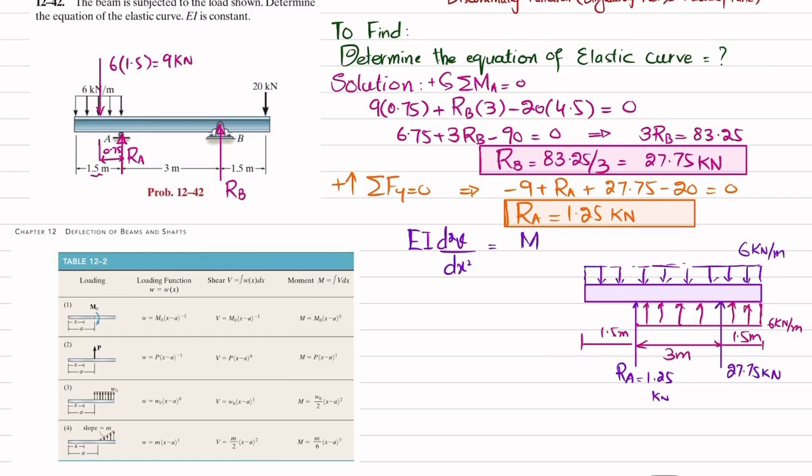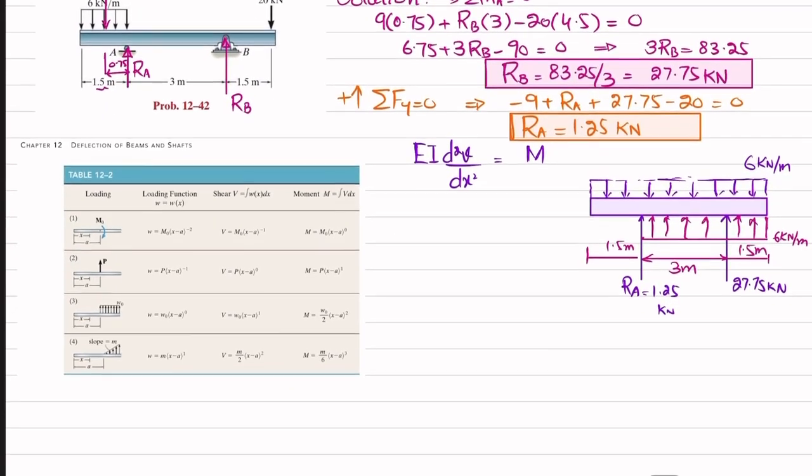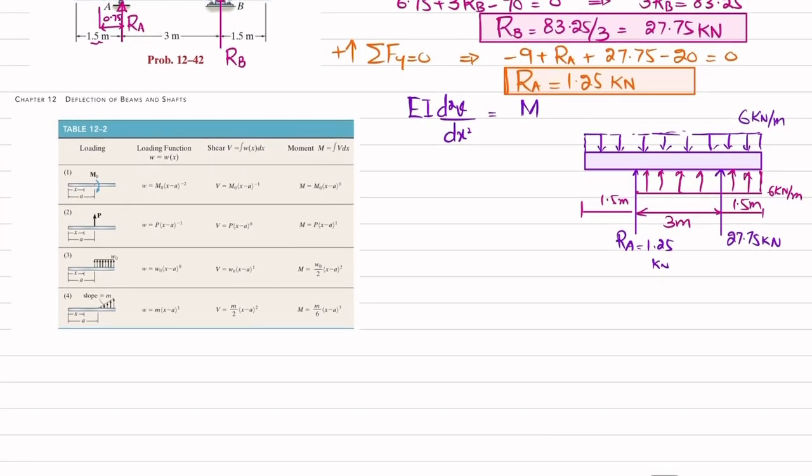So what we have done is that we have added a distributed load over a length of 4.5 in downward direction, and we have also added 6 kilonewton per meter over a length of 4.5 meter in upward direction in order to cancel the effect. Now we'll apply this table to get our required moment equation.